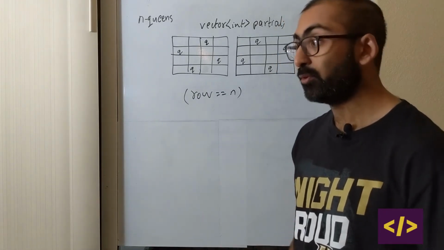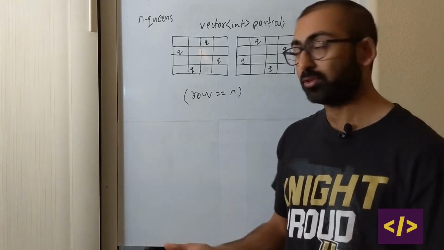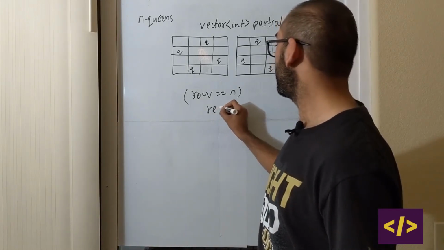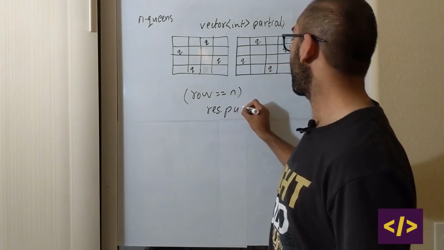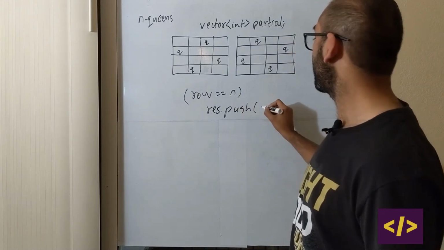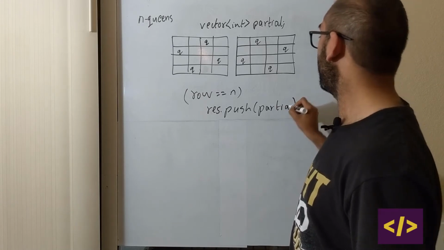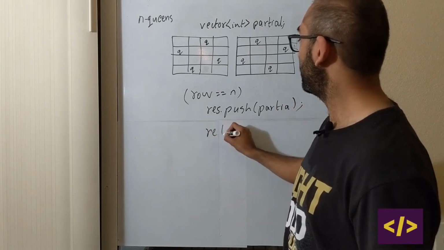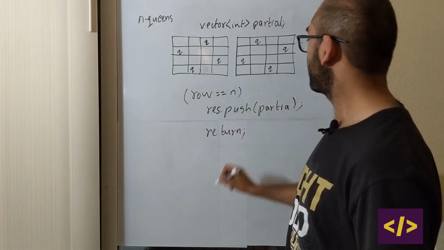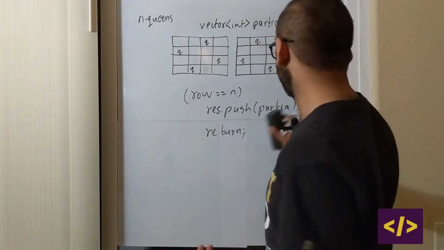We've already reached 4 and we found a possible solution. So let's put that value into result. And then we just return. Okay, so that's the base case.